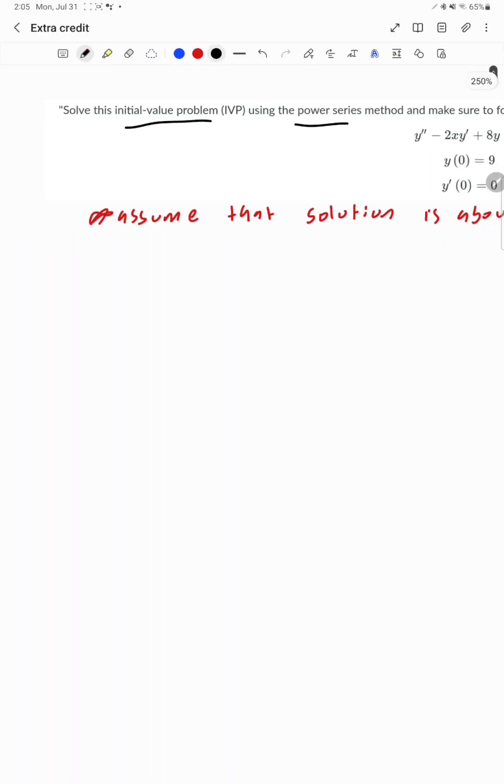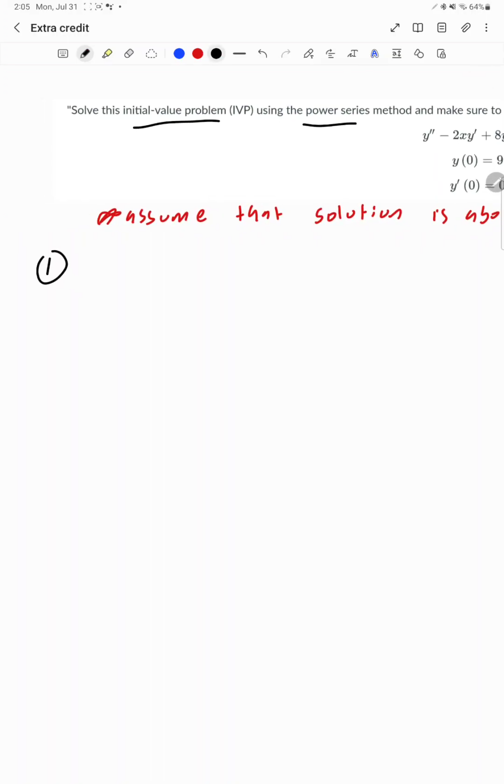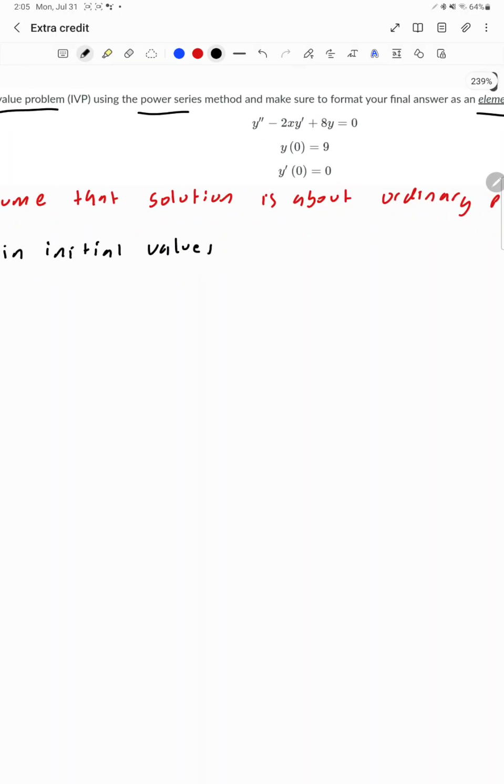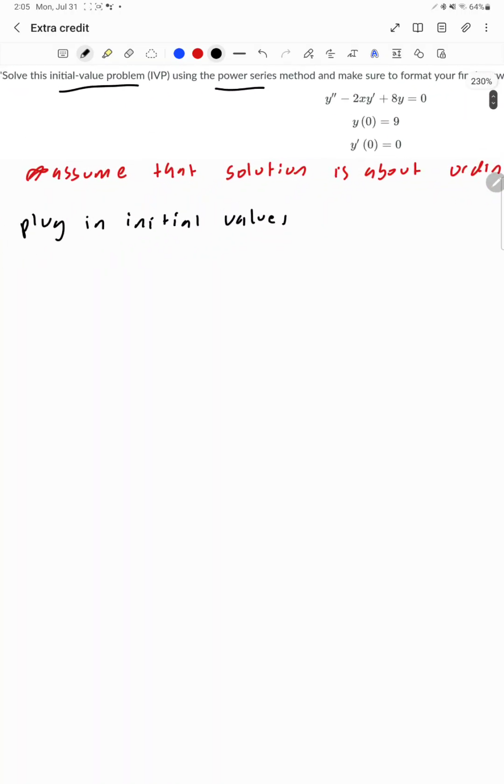And then our first step is to plug in the initial values given so that we can find C1 and C0 to plug in the coefficients later on.